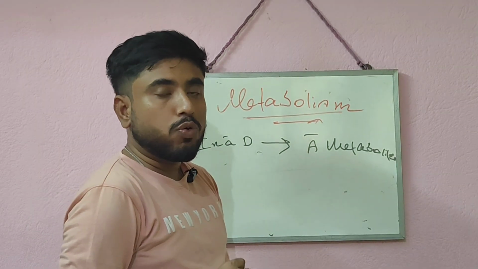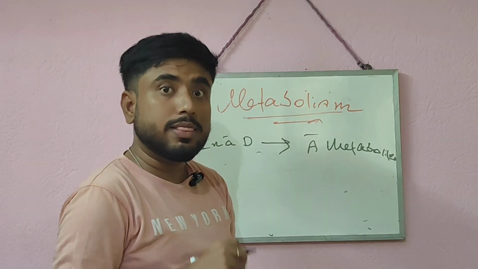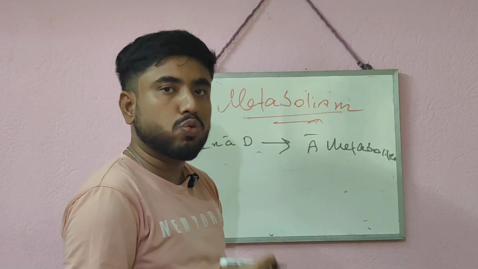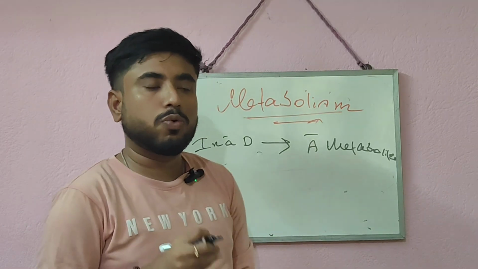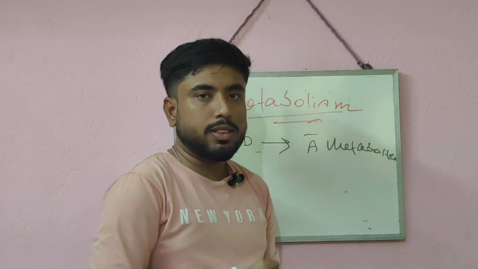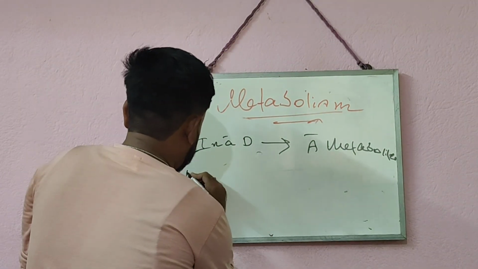That goes through different tissues and cells of the body and shows the mechanism of action for which we take that drug. This type of drug is called a prodrug.